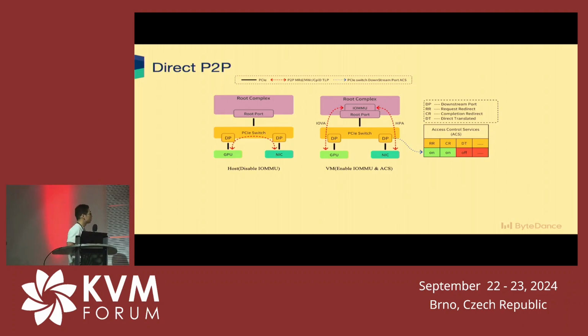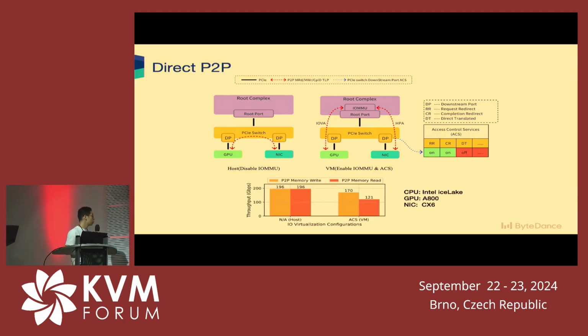If these bits are set, all the TLPs, such as read or write and read completion, will be redirected to the root port by the switch, and the direct translated bit will be introduced later. Because the transmission path has been changed, there will be a serious performance degradation, and the write and read speed has been reduced from 196 to 121 and 170 gigabits per second.